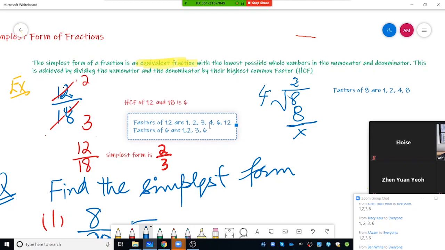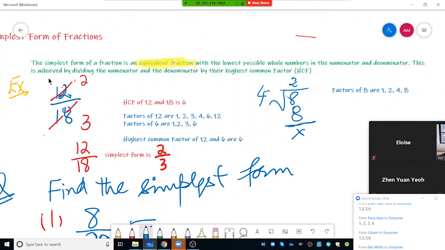The highest common factor of 12 and 6 is 6. That's good.